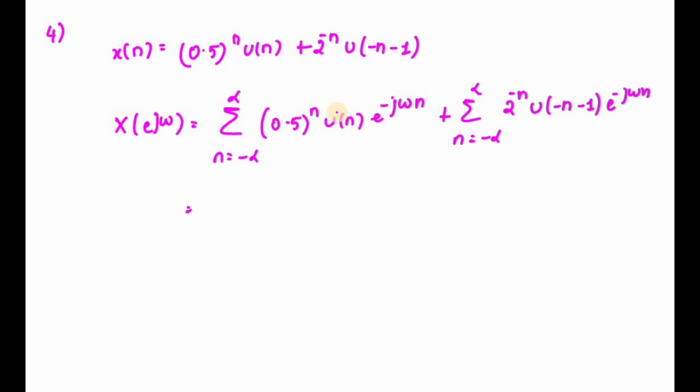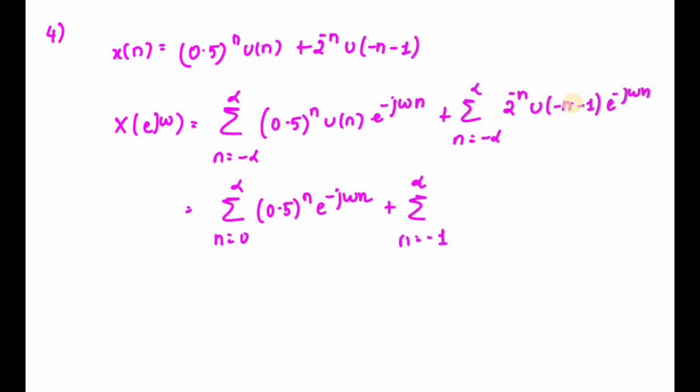Right. Since u of n is 1 if the n value is greater than or equal to 0 to infinity, I substitute n equal to 0 to infinity 0.5 power n e power minus j omega n plus. Here, to make this one 0, I have to substitute n equal to minus 1. So that is minus 1 to infinity, right?